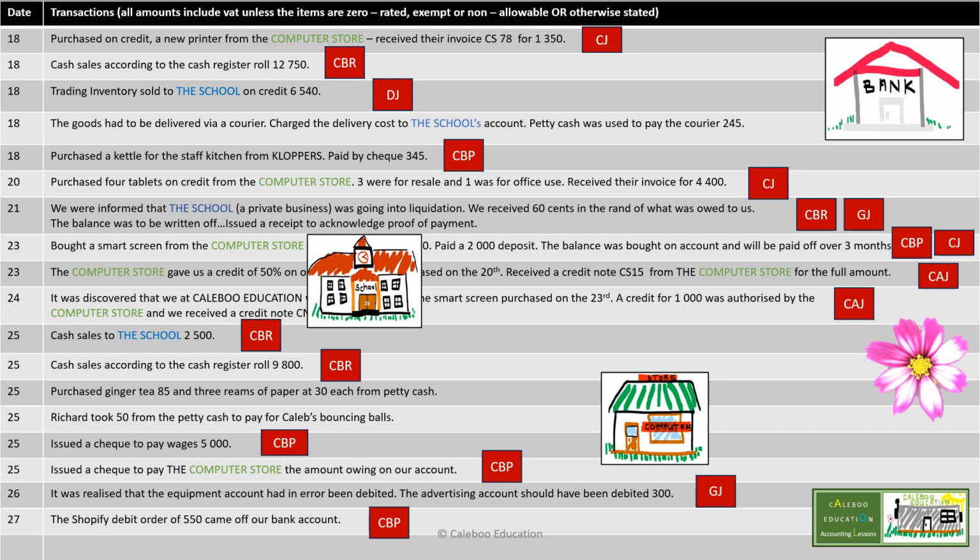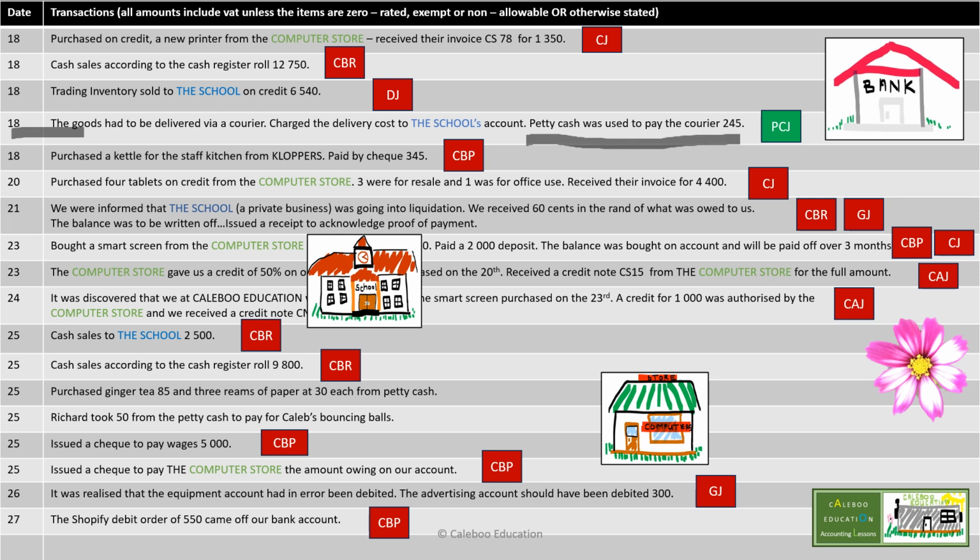So we're working through these transactions and we're looking for those transactions that go into the petty cash journal, and the document that is going to identify them is the petty cash voucher. Now I've worked through this, and on the 18th, there we go, petty cash was used to pay the courier.